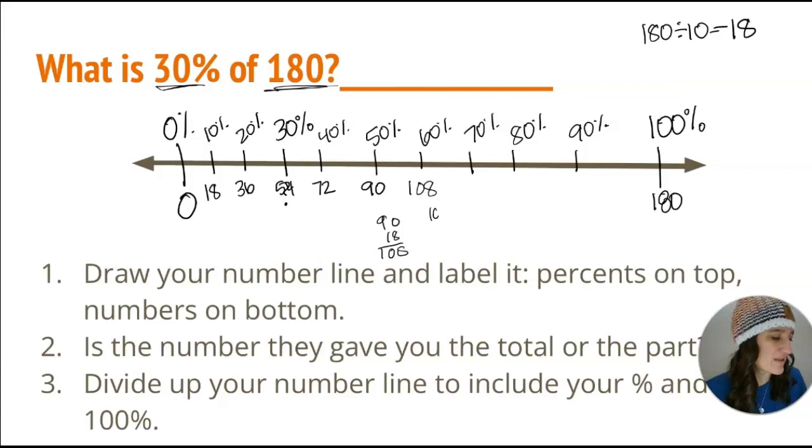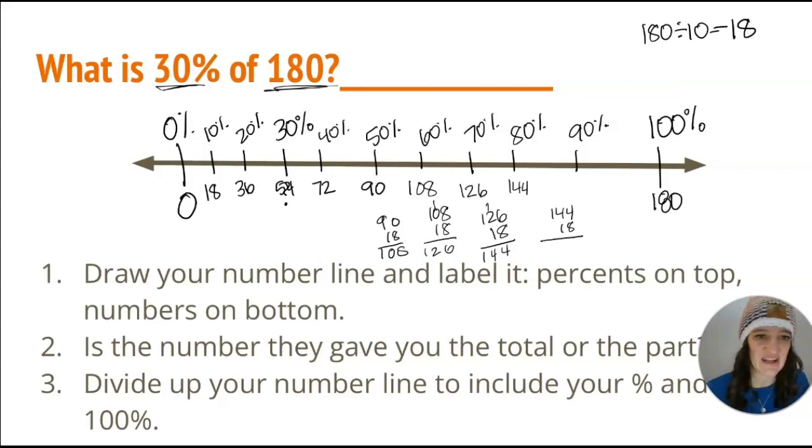Okay, then 108 plus 18 will be 126. 126 plus 18 will be 144. 144 plus 18. If I did this right, I should land at 180, huh?